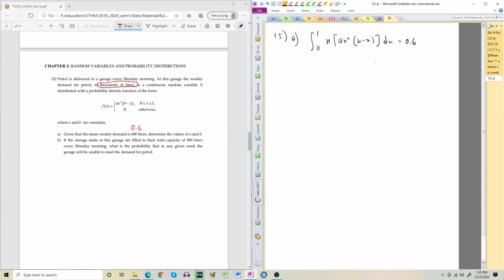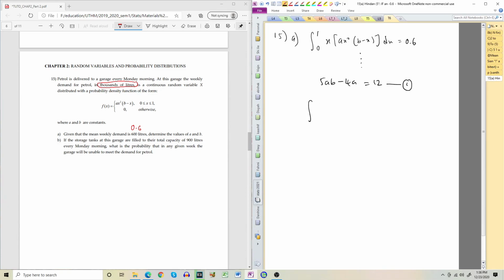If you solve this, you do your computation, you will end up with one equation: 5ab minus 4a equals 12. This is your first equation.